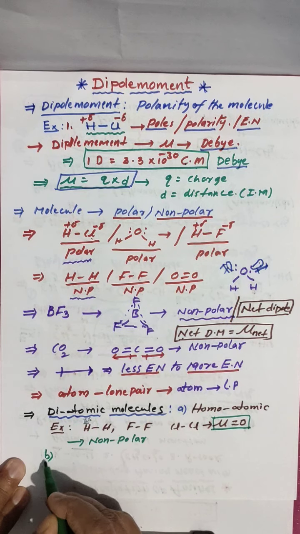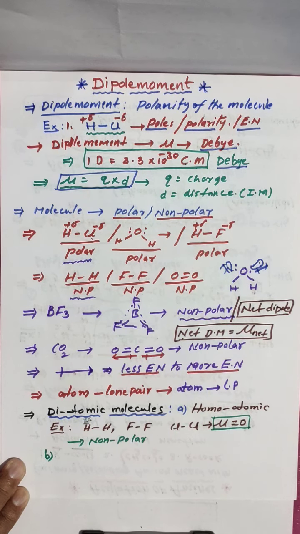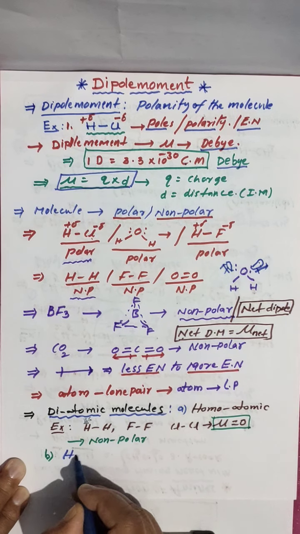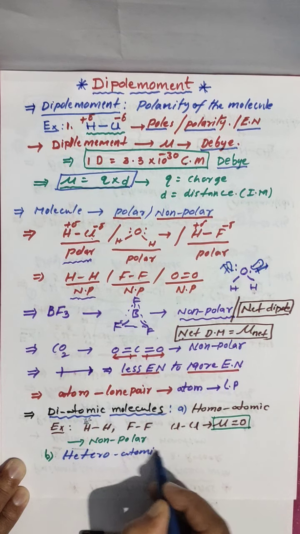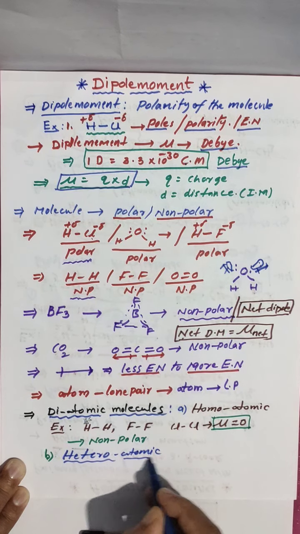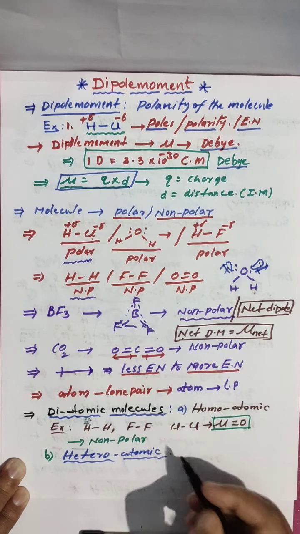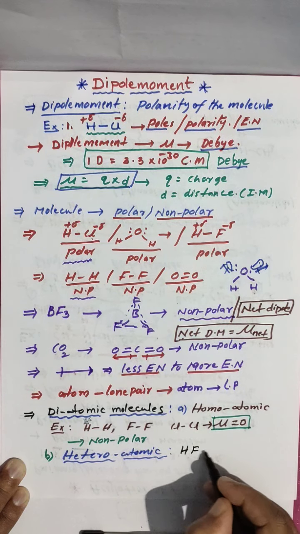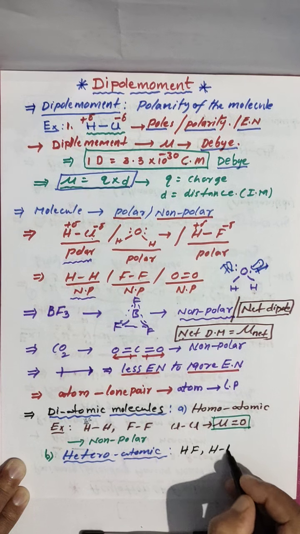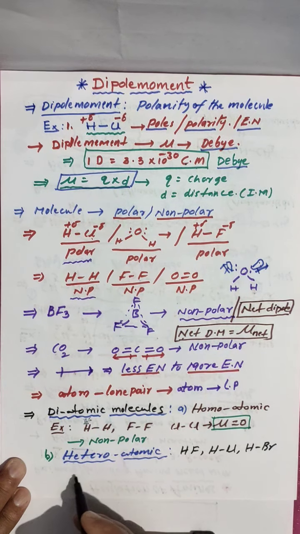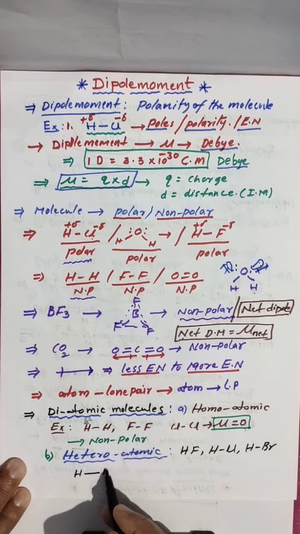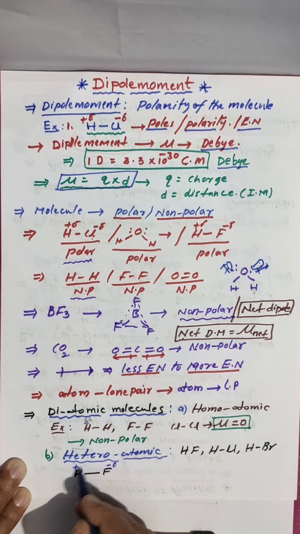Next I am taking heteroatomic. Heteroatomic means different atoms. Go for HF, HCl, HBr, like this. Here I take HF. See, an electronegativity difference is there. Delta minus, delta plus.